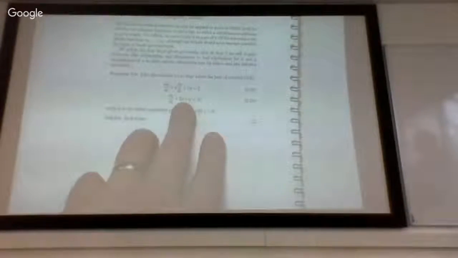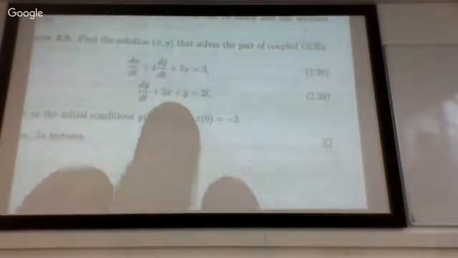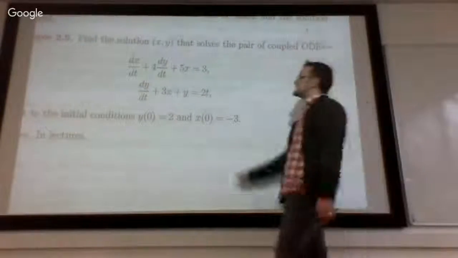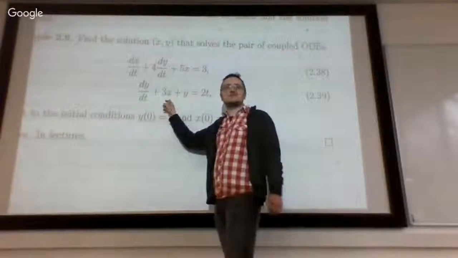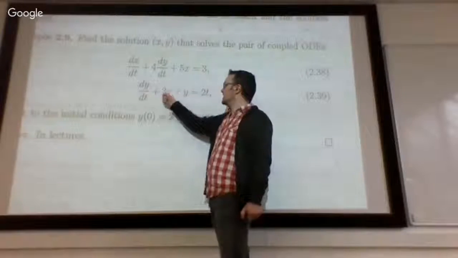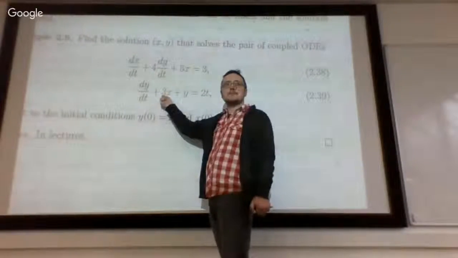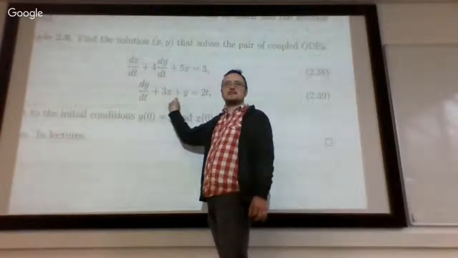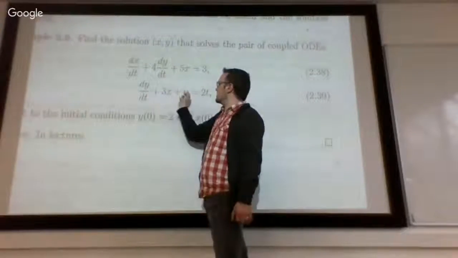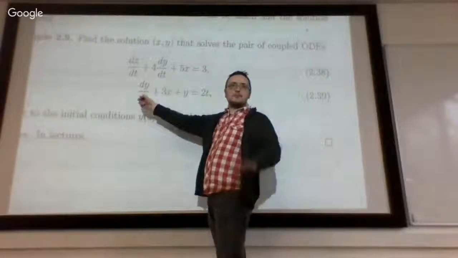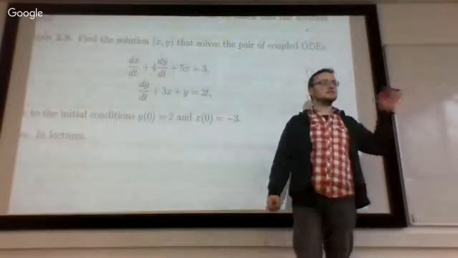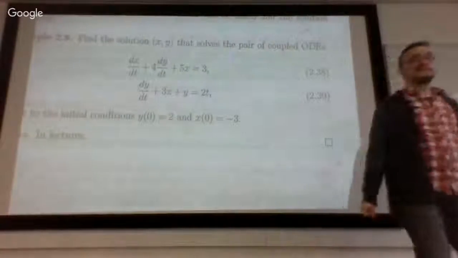But if we look back at the differential equations, you see one of the differential equations is quite simple in terms of x. This second differential equation, it only has the term 3x in it. It doesn't have any other derivatives of x. So the other terms here are y and the derivative of y. But we've just identified what the function y of t is.